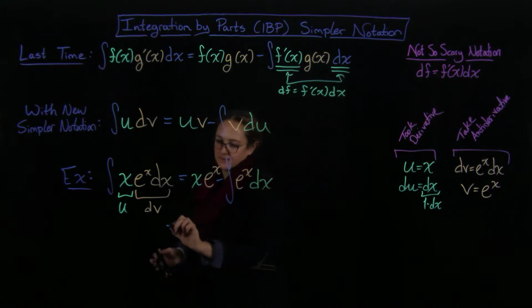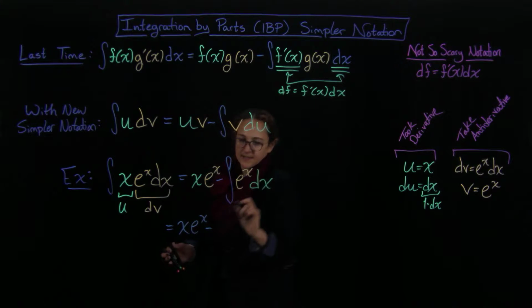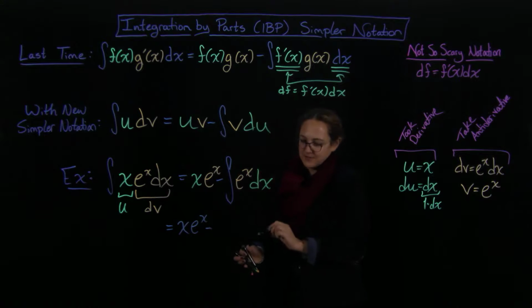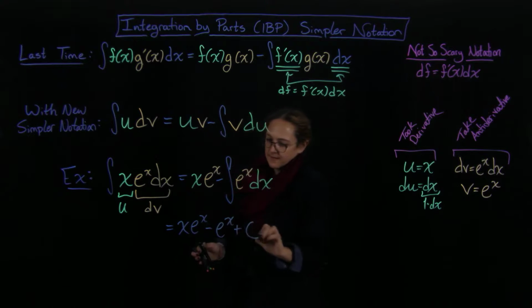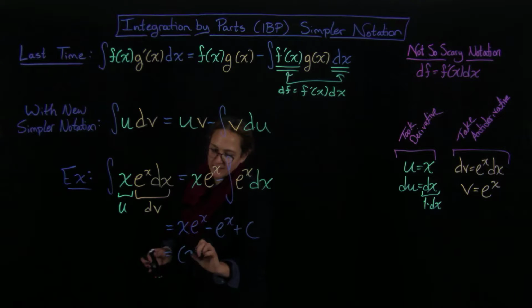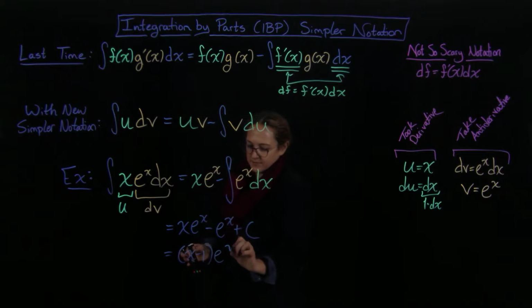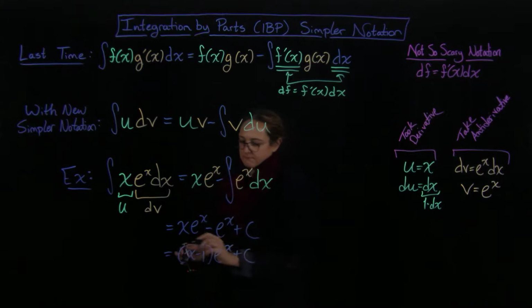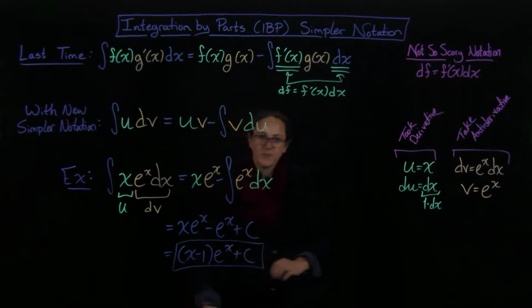So this is going to equal x e to the x minus the integral of e to the x, which we know is just e to the x. And we don't forget our plus c. And then you can pull out, if you'd like, e to the x since it's in both of these terms. Okay. And then we'll go ahead and box our work so that we know that we're done.